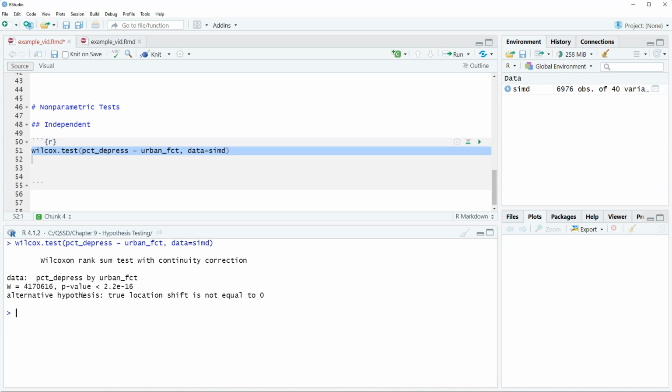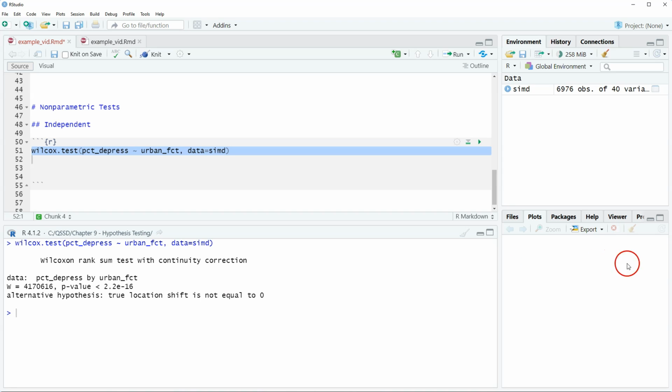If you superimpose the two distributions, it's looking to see how different they are. If they're right on top of each other, then the true location shift would be equal to 0. As they're further away from each other, that means that they're not likely to be equal to 0. That is what this p-value is getting to.